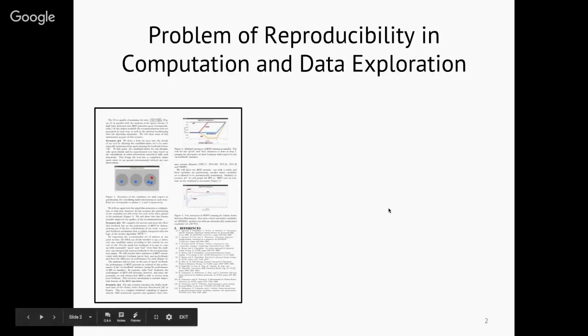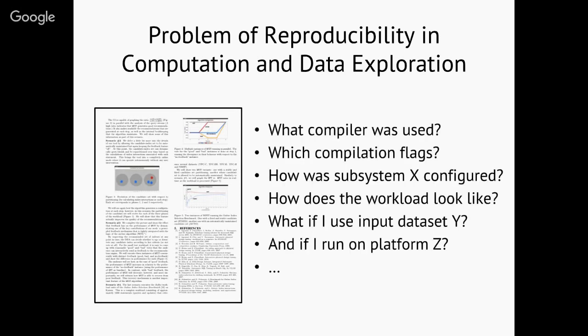Just to motivate the problem, I guess we've all been in this situation where we're reading through an article, and when we get to the experimental evaluation section, sometimes we come up with questions that might be hard to answer just by looking at the text.